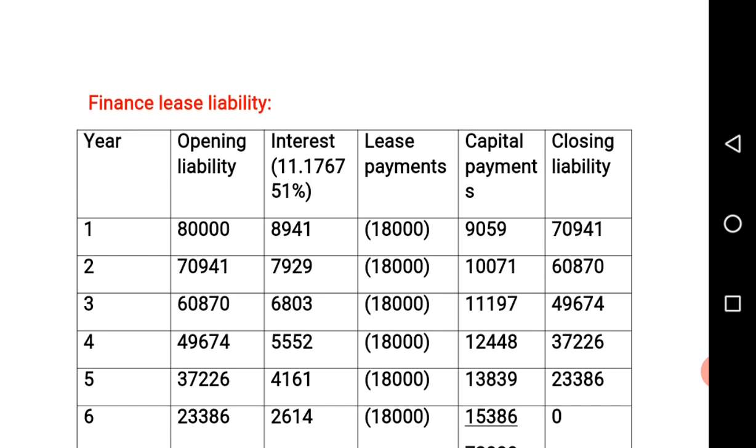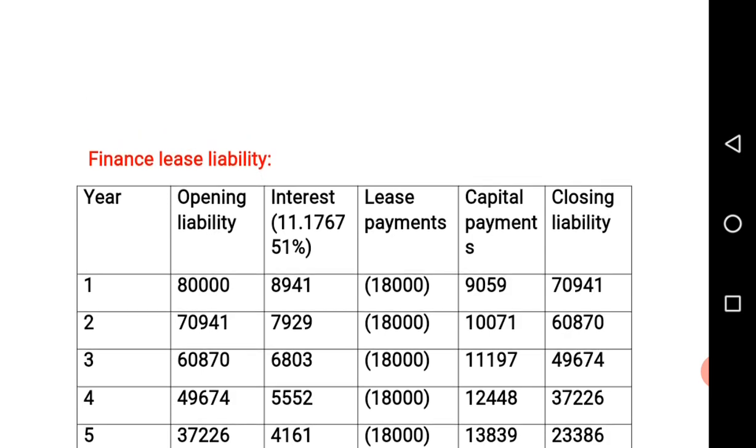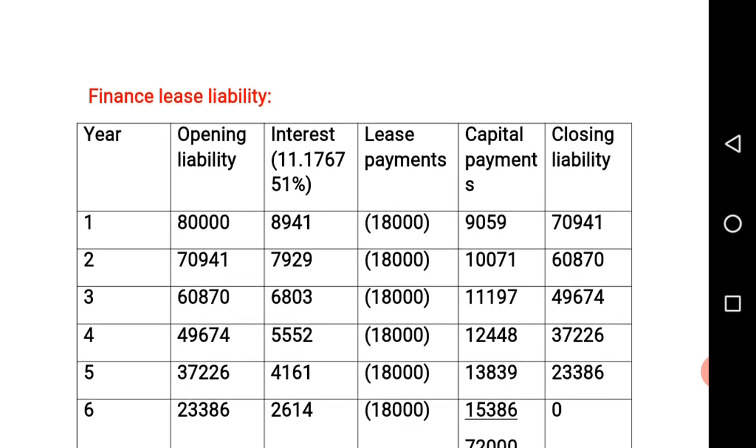So we have the lease payment 18,000 less the interest implicit on the opening liability, which we have here as 8,941. So 18,000 less 8,941 gives us a figure of 9,059 naira.